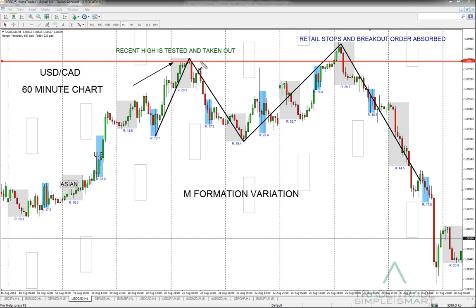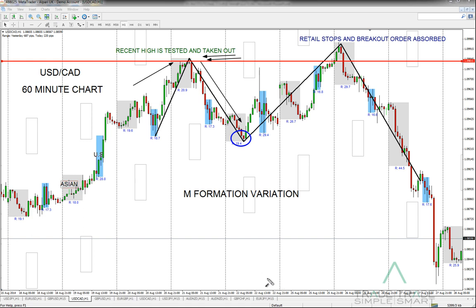So as the market begins to fall, as they liquidate their position, and we get those sellers who come into the market, generally what happens is we see that most of their stops are placed above the most recent high.